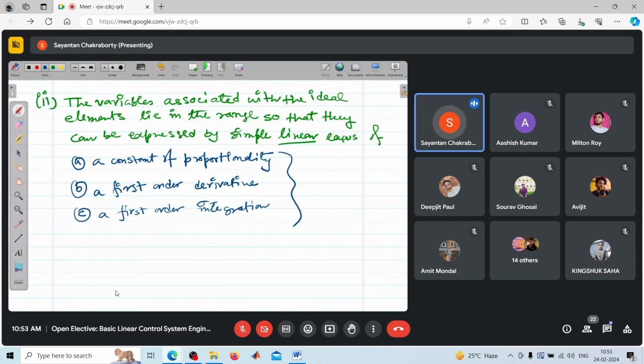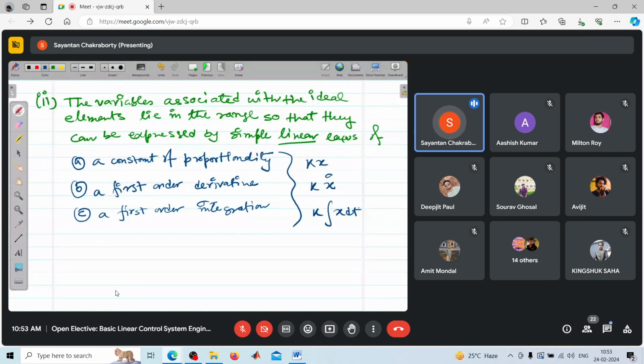That means it can be kx, k x dot, say k1x, k2x dot, k3 x double dot. Oh, sorry, not x double dot. So this is another assumption.